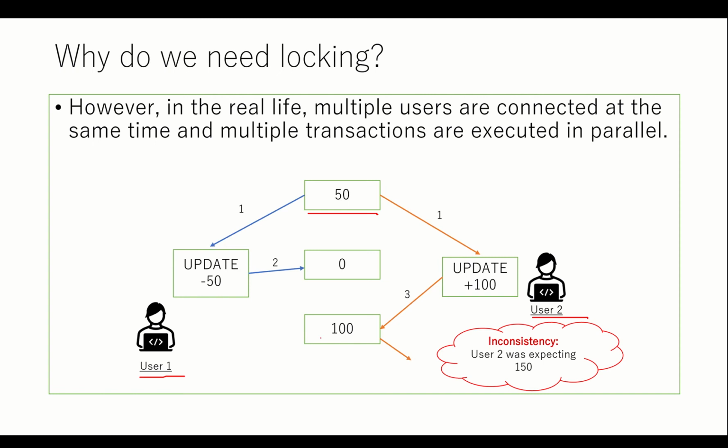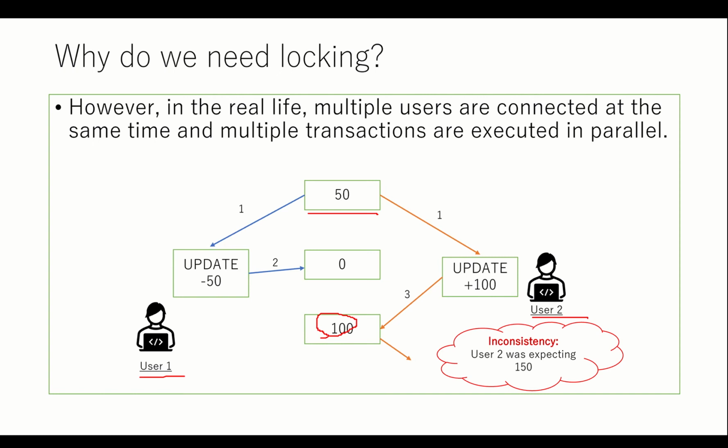However, the result is a little bit unexpected. It becomes 100. User 2 did not expect this because user 2 did not know that user 1 had already updated. If he knew that, he would add 150. So this is called inconsistency. There should be some tool to prevent this kind of concurrent access.